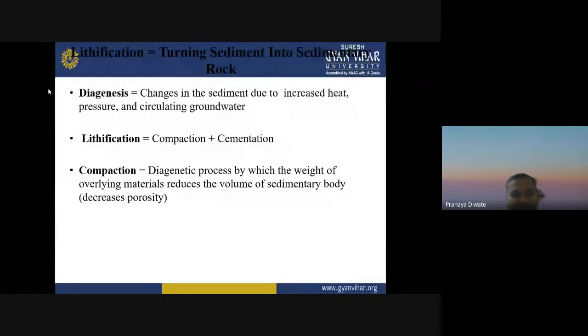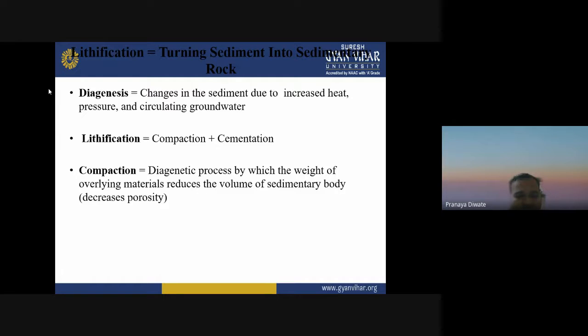Then we have diagenesis. What is diagenesis? Diagenesis is changes in a sediment due to increased heat. So lithification is compaction plus cementation.